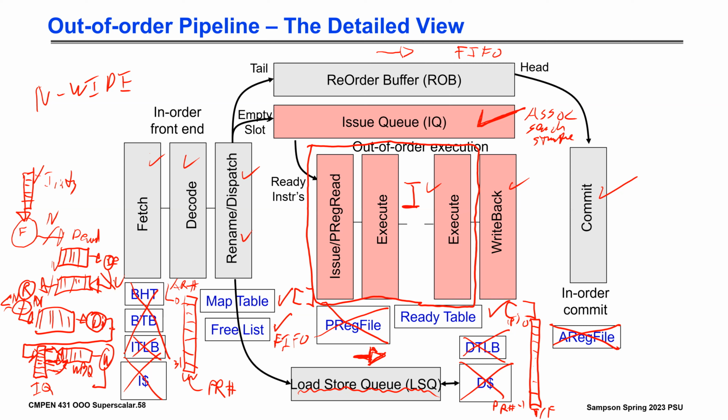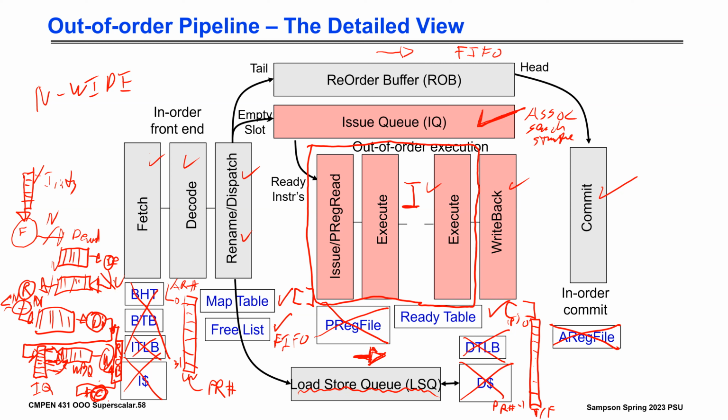So we're also going to put this in the ROB, and write back is really going to modify locations in the ROB, at least logically. And then the ROB is what's actually feeding commit, where it actually commits up to n instructions.